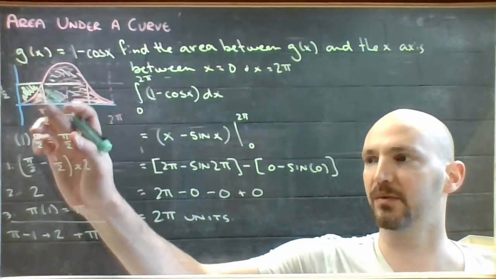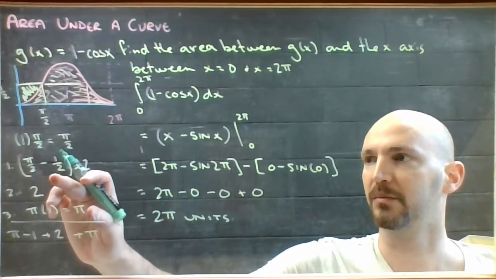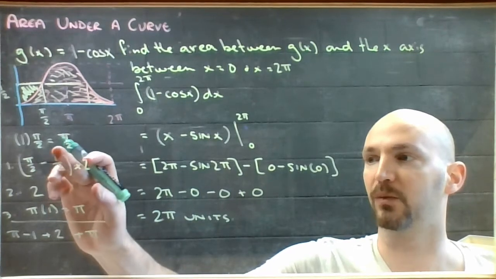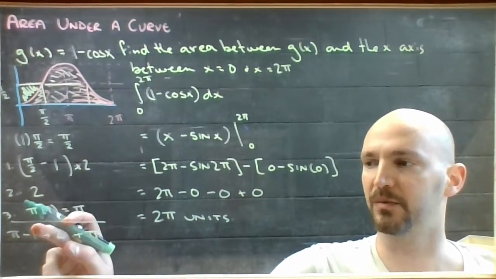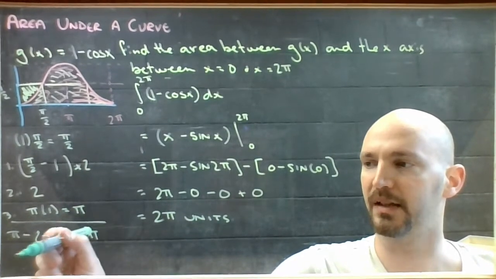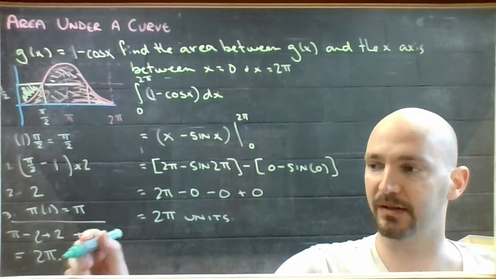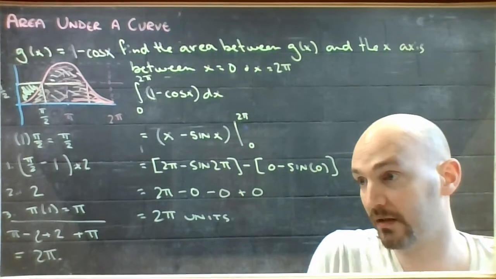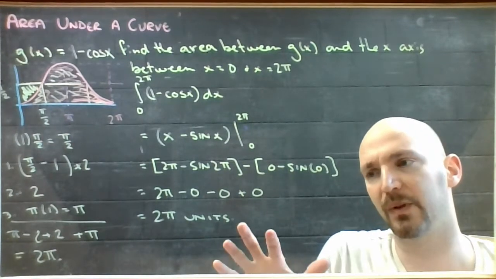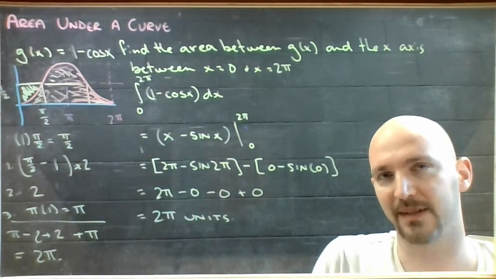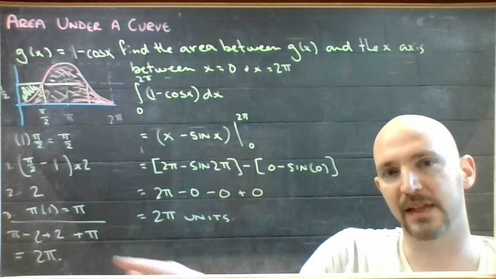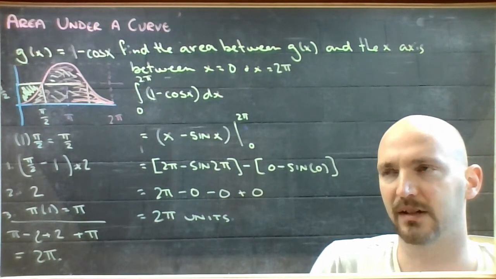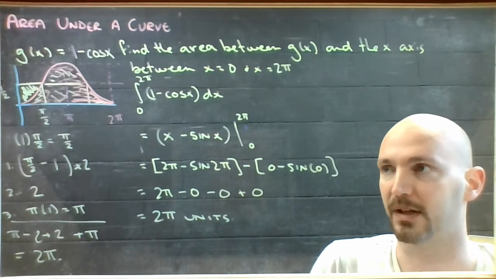Yep, so this would be pi over 2 subtract 1. Let's subtract 1. 2 times 2 would be 2. And so I end up with 2 pi units. So I was able to construct it with pieces with one tiny little algebra error, and I ended up getting the same number. So that's nice and consistent when it works out that way.